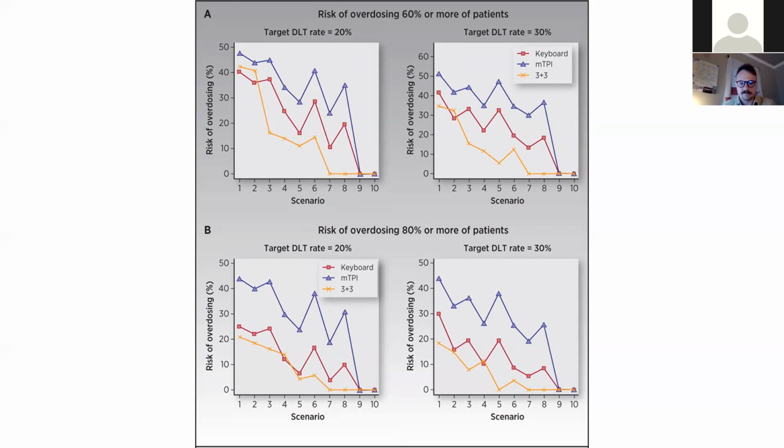So once again, while the 3+3 itself has a lower risk of overdosing, this is just a product of being overly conservative, which means it will have lower accuracy to actually identify the MTD. Whereas the keyboard design really achieves that good balance between safety and identifying the MTD.